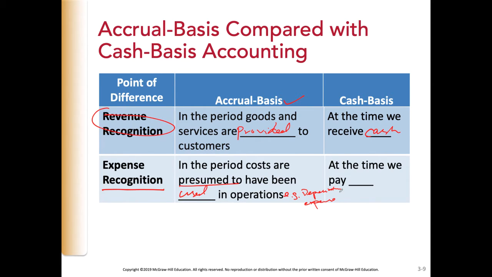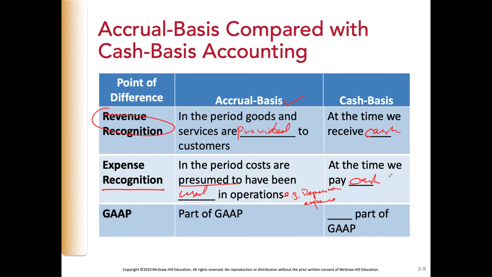I don't want to elaborate too much here, but in chapter 4 we will elaborate on why we record depreciation expenses and why that is important. On the cash basis, expenses are recognized at the time that we pay cash. As for which is accepted by generally accepted principles, accrual basis is part of GAAP, and cash basis is not part of GAAP.